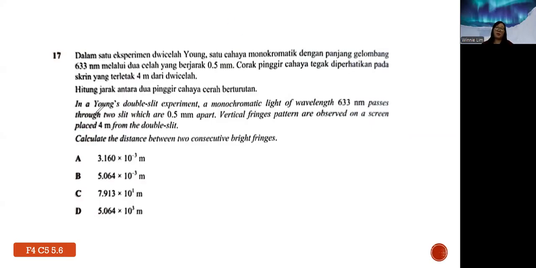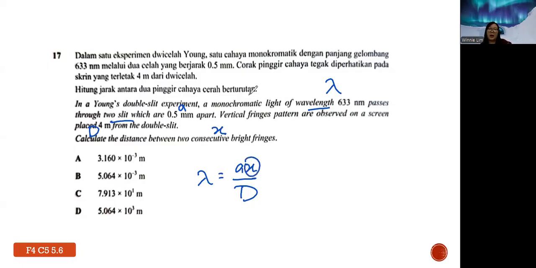Under interference of wave, you will learn one formula, which is lambda equals ax over D. First, you need to identify what each symbol refers to. In the statement, the wavelength is lambda. The distance between two slits is called a. The distance from the slits to the screen is D. And two consecutive bright fringes is x. So you want to find x.